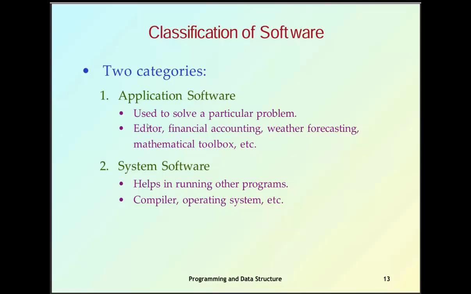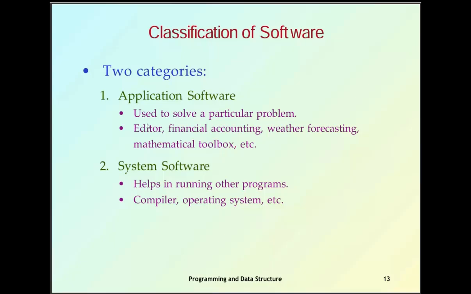Even your web browsers, Chrome, Mozilla, Edge, are application software, used to solve a particular problem. Why do we use Mozilla or Chrome? These application software help us connect with a server.